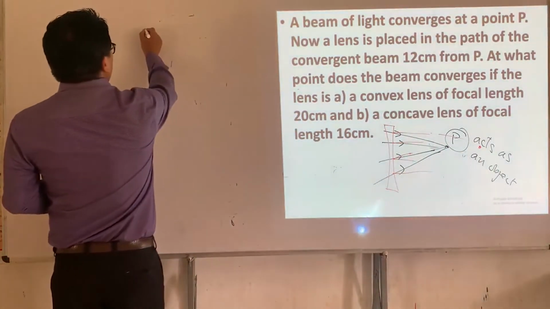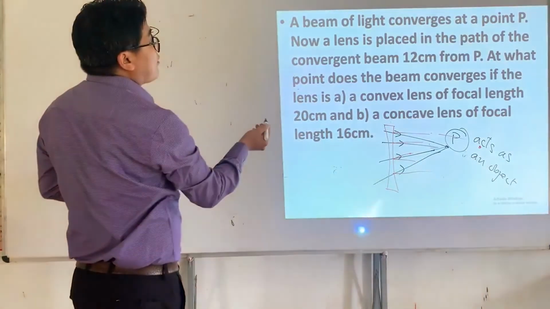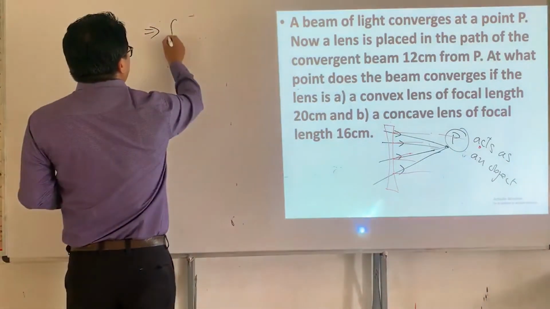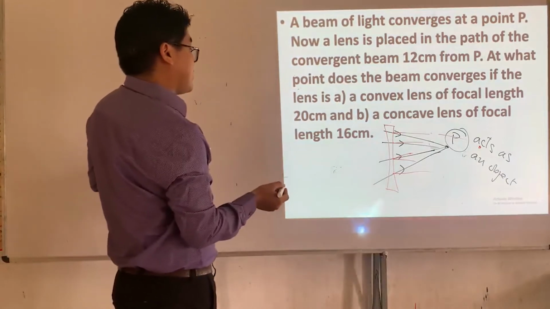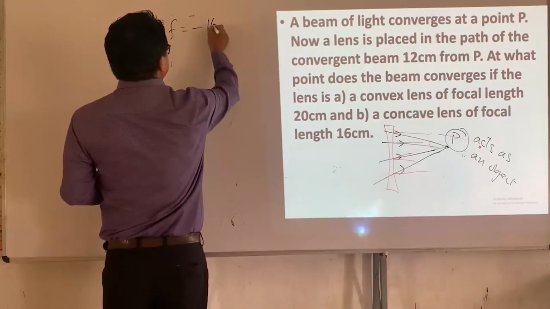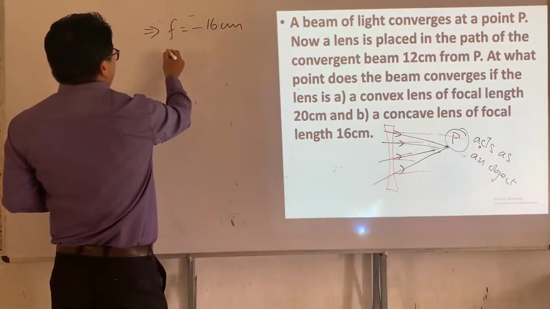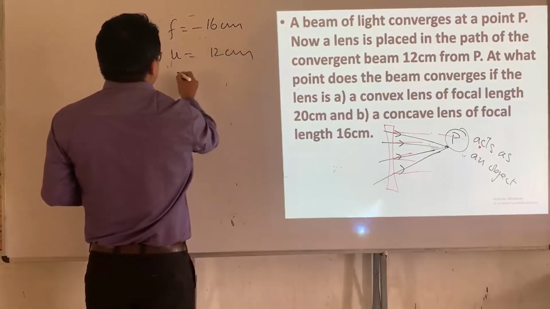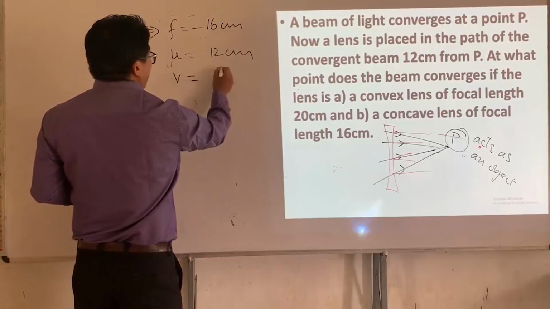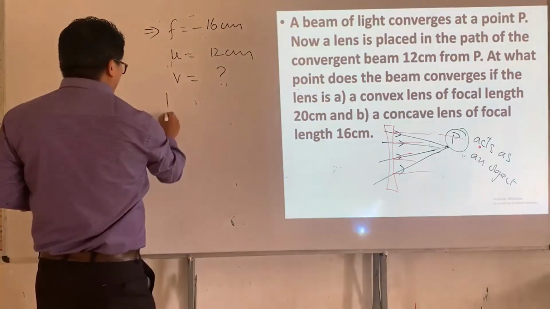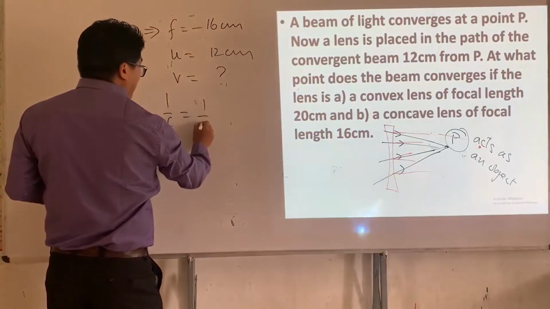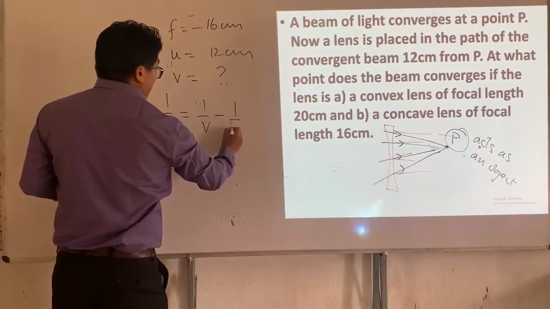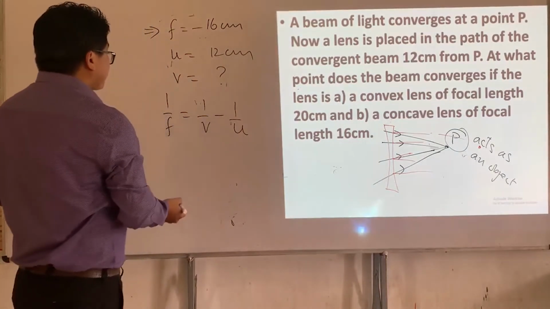So again, what is the given? F is equal to how much? This is minus 16 centimeters, and U is again the same, 12 centimeters, and V is to be found. So 1 by F is equal to 1 by V minus 1 by U. Alright.